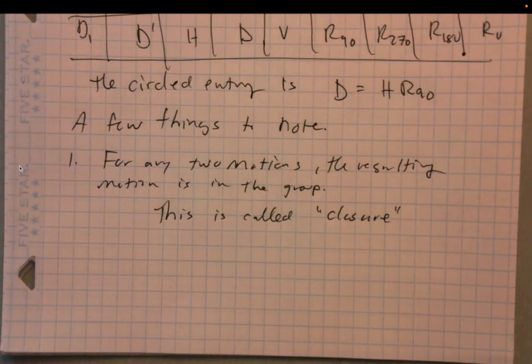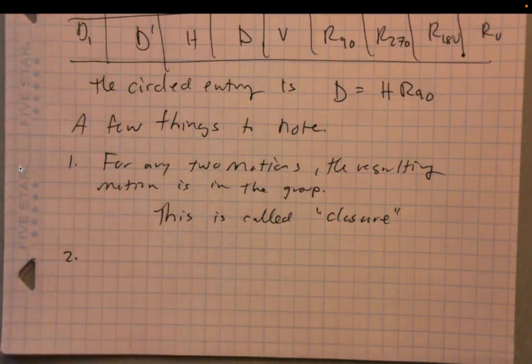Another thing to notice is that for any of the 8 elements, composition with the R0 element results in a returning of the original element.